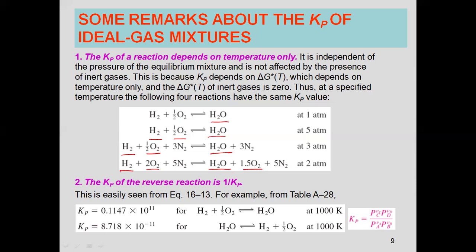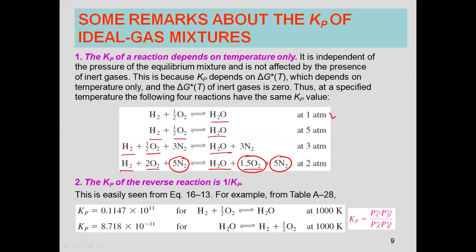Only thing, oxygen is in excess here. So this oxygen amount will be cancelled from the numerator and the denominator. Also this 5N2 will also be cancelled from the numerator and the denominator.